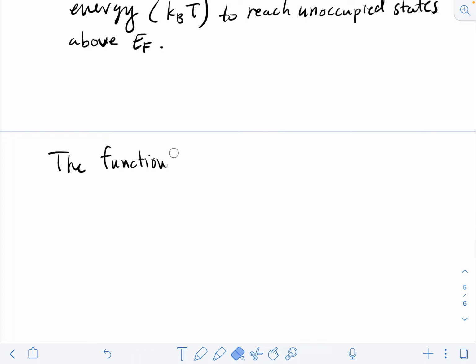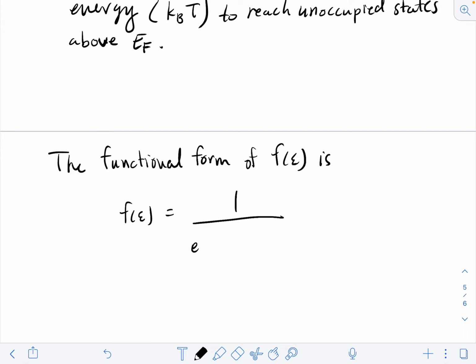The functional form of the distribution function, the Fermi Dirac distribution, is 1 over the exponential of epsilon minus mu over kBT, plus 1. And remember, it was the plus 1 that was important. Okay, good.